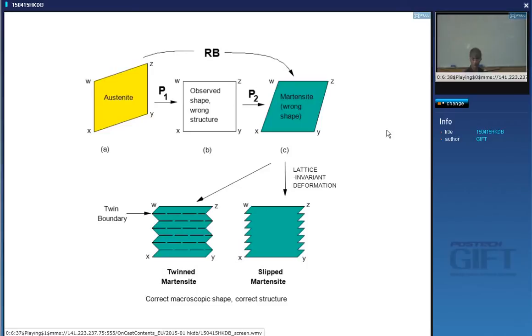And that's why the habit plane has strange indices, because macroscopically this is a strange plane, even though microscopically it's rational facets. Yeah? Okay? So if you follow this operation through mathematically, you can exactly predict the habit plane as well. When I say exact, of course, it's irrational, so we can't exactly predict it, but accurately predict it. And we predict that we will observe either twins or slip steps at the interface.